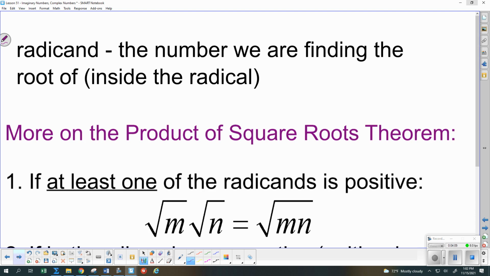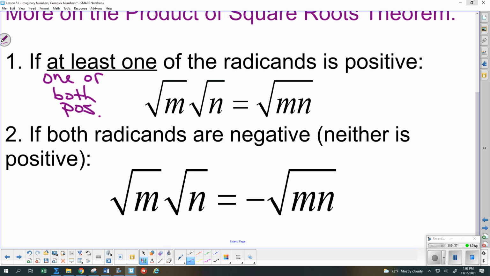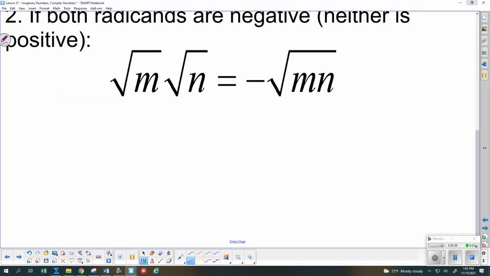So we're used to being able to do things like what you see at the bottom of the screen: if we have two square roots, we can put them together, or if we have one big thing like √12, we can split that apart, √4 times √3. That works just fine as long as one or both are positive. But we run into trouble if they are both negative.